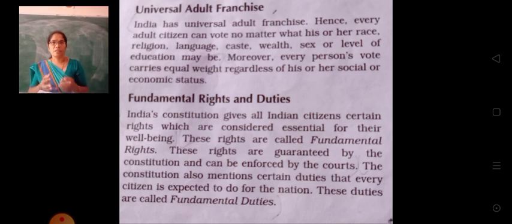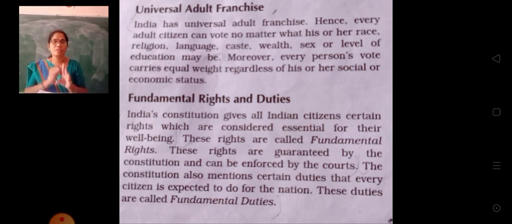We, the citizens of India, have some rights and duties. India's constitution gives all Indian citizens certain rights which are considered essential for our own well-being.